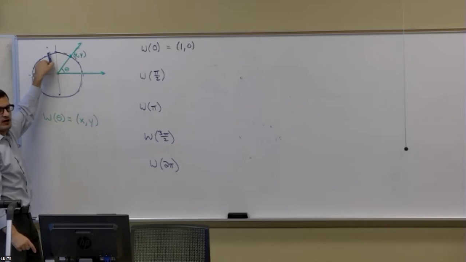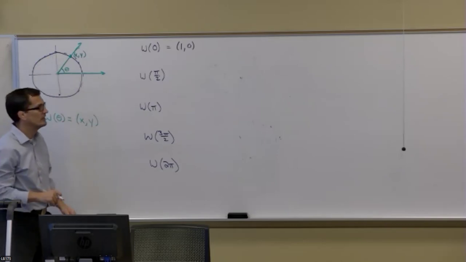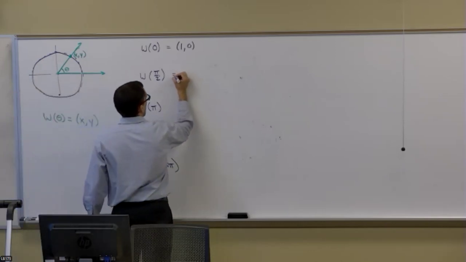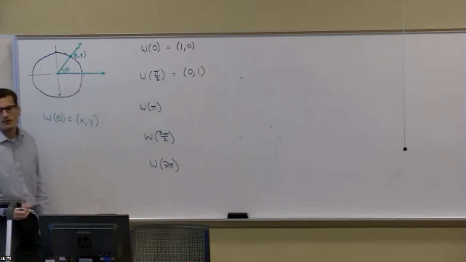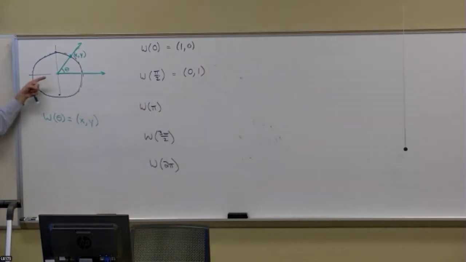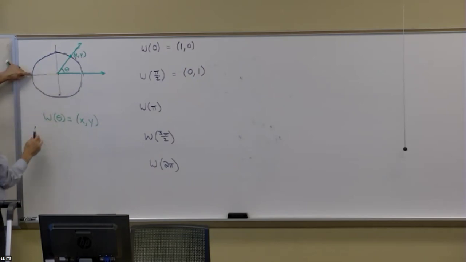It's a point along the y-axis, 1 unit away from the origin. So it's the point (0, 1). When I input pi, I'm on the x-axis to the left, 1 unit away from the origin. That'll be the point (-1, 0).